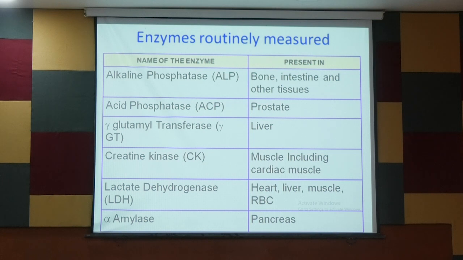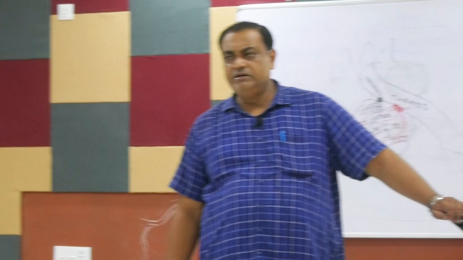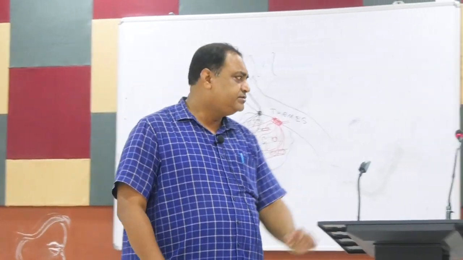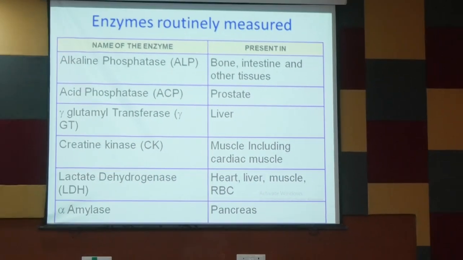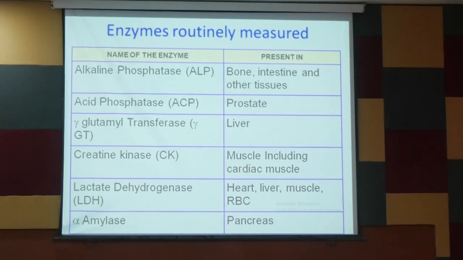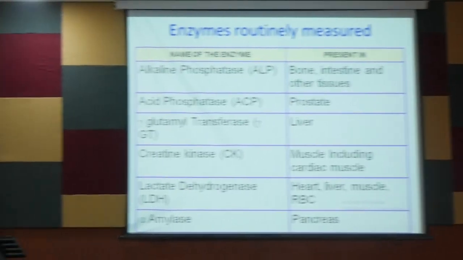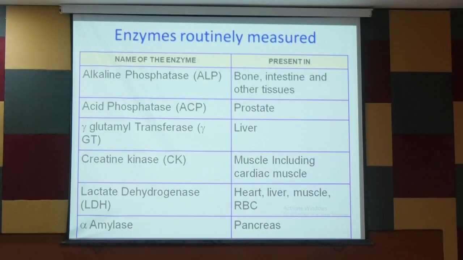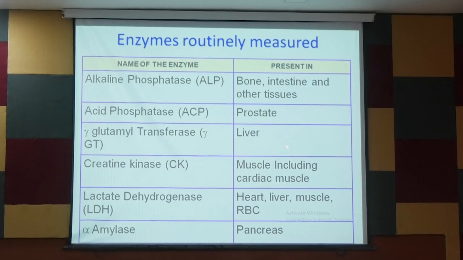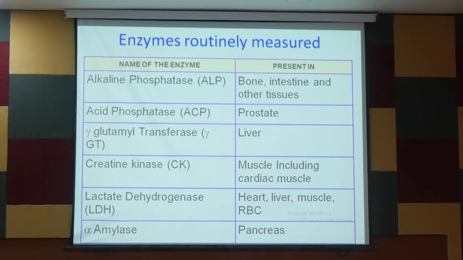GGT, gamma glutamyl transferase or gamma glutamyl transpeptidase; the actual name is transpeptidase. CK, creatine kinase: skeletal muscle, brain, and cardiac muscle. Lactate dehydrogenase is present in all tissues: heart, liver, skeletal muscle, RBC.